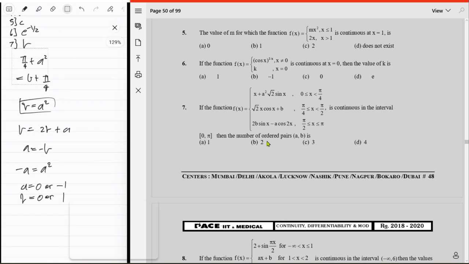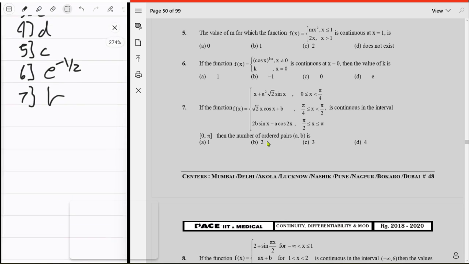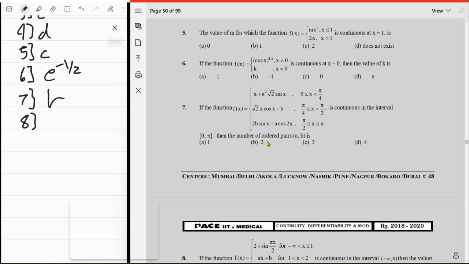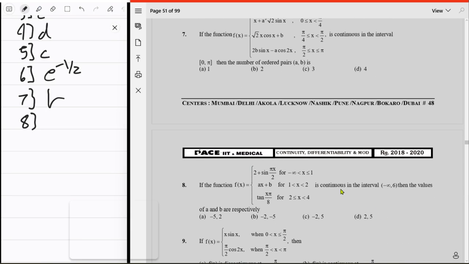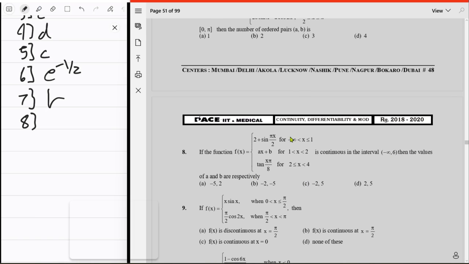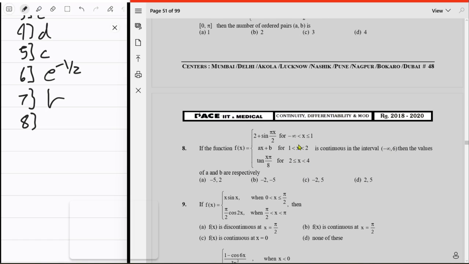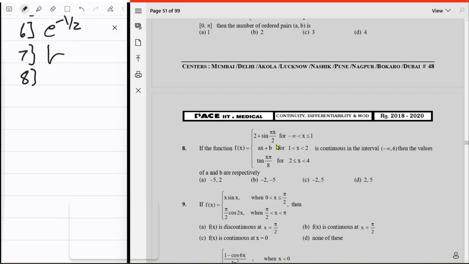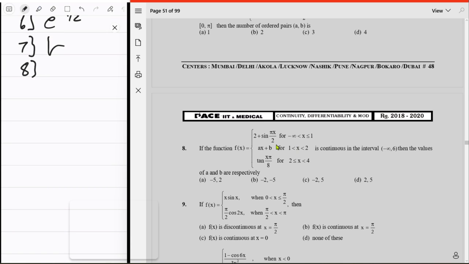Next, 8. If the function is continuous in the interval negative infinity to 6, then the values of a and b are respectively. Okay, so at 1, what do you have? 2 sine of pi upon 2 is just 3. 3 is equal to, so at x equal to 1, this just becomes a plus b.